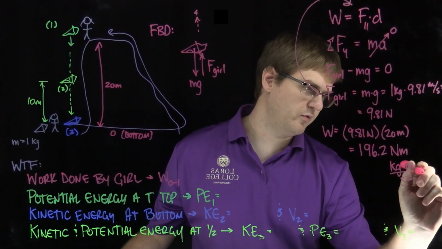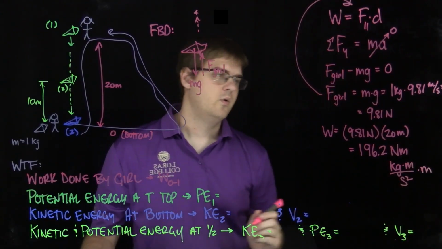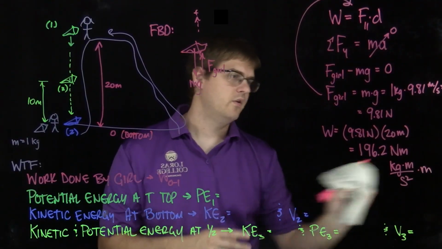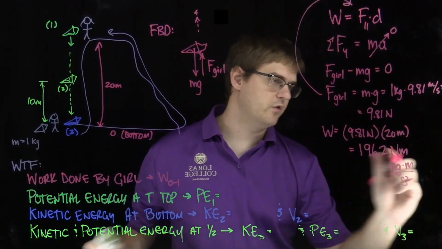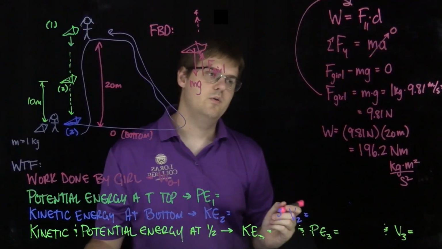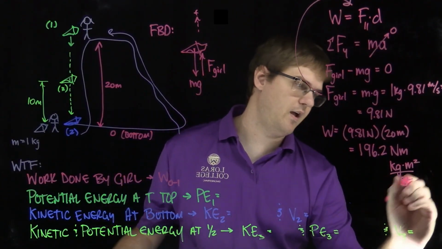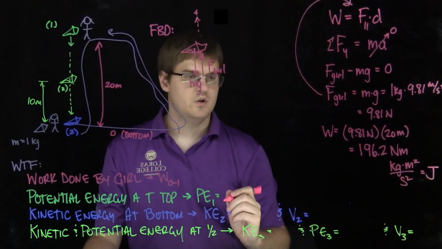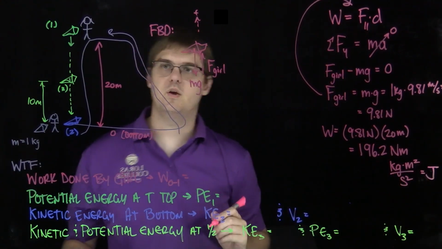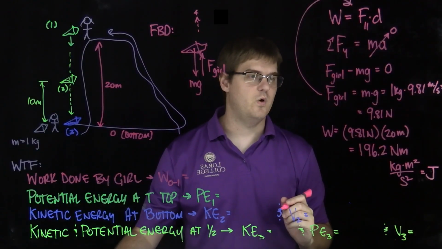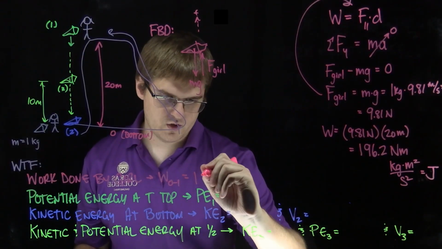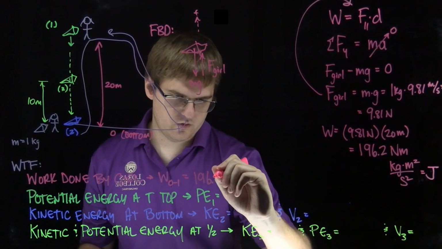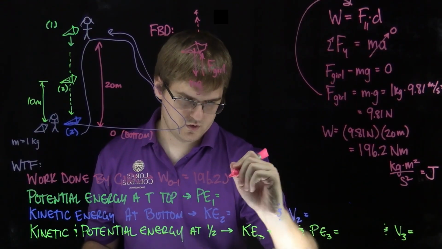That's a newton times meters, which is the same as joules. So work between 0 and 1, because we're going from condition 0 to condition 1, is 196.2 joules.